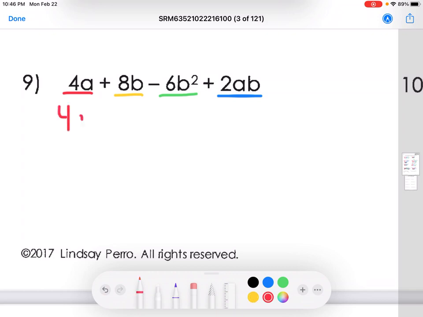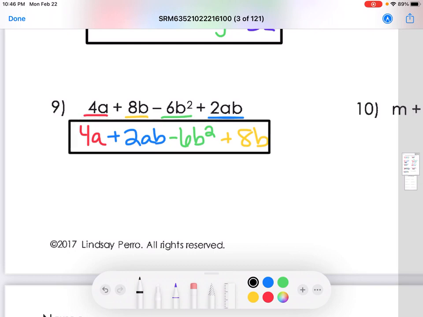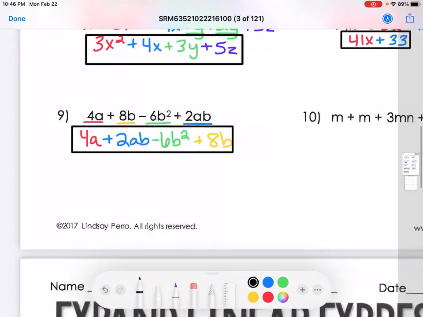So 4 times a plus 2ab minus 6b squared plus 8b. So if you notice, I only have one term in each color. So that means this cannot be simplified any further. That is my answer. There's nothing to combine.